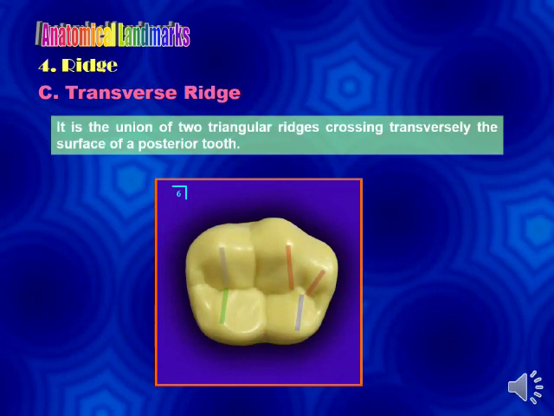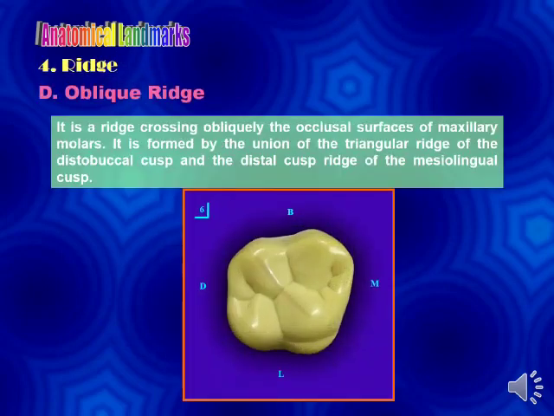We have the transverse ridge. It is the union of two triangular ridges crossing transversely the surfaces of posterior teeth. We have the oblique ridge.